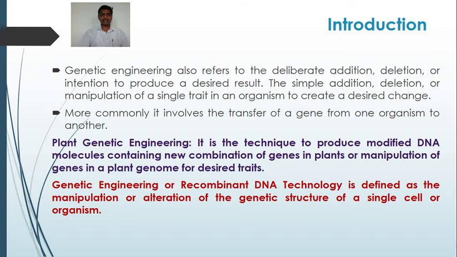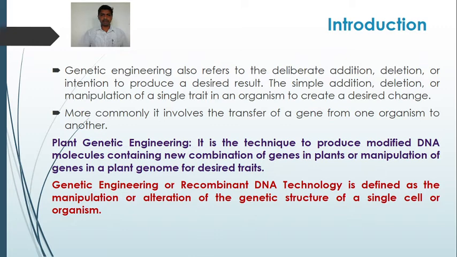Genetic engineering is defined as the manipulation or alteration of the genetic structure of a single cell or organism. Such genetic manipulation takes place first in a single cell, and from that single cell the whole organism is regenerated by using plant tissue culture technique.